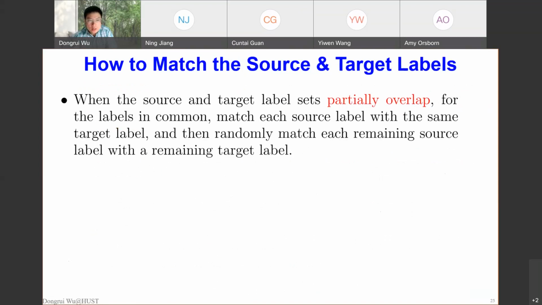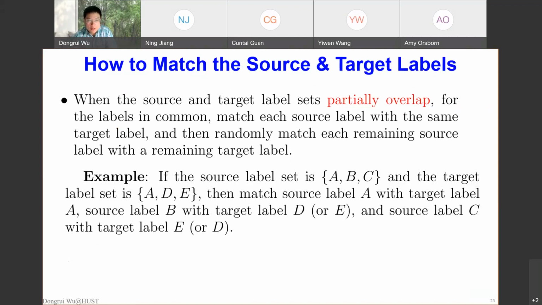One challenge here is how to match the labels from the source and the target domains, because they may have different labels. When the source and the target label sets partially overlap, for labels in common, we just match each source label with the same target label, and then randomly match each remaining source label with a remaining target label. For example, if the source domain label set is ABC and the target label set is ADE, then we match source label A with target label A because they are in common.